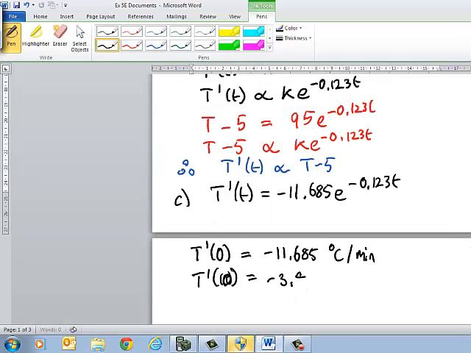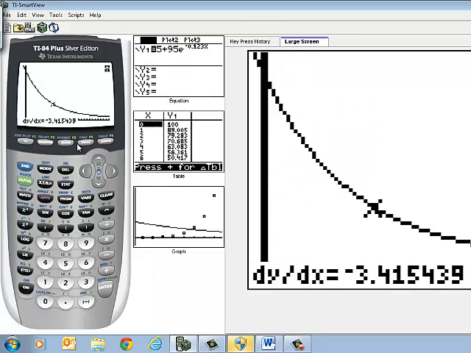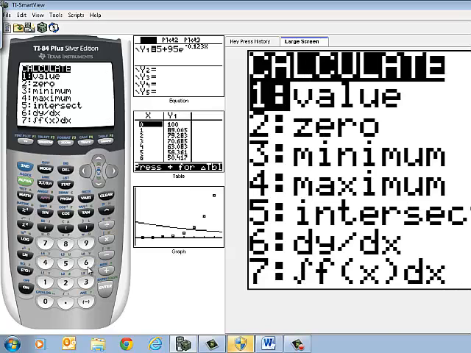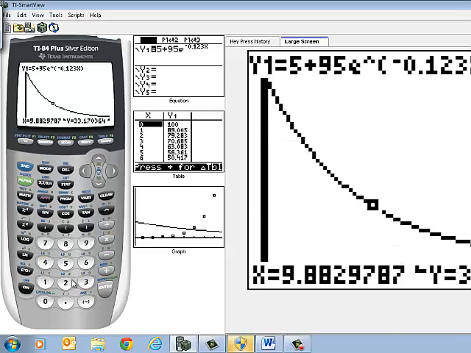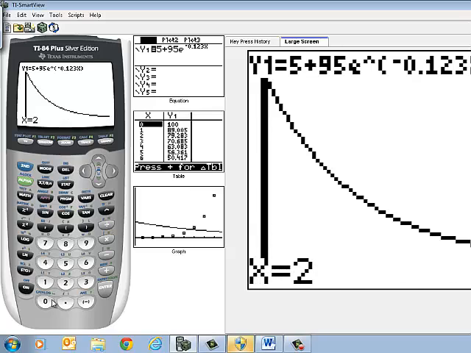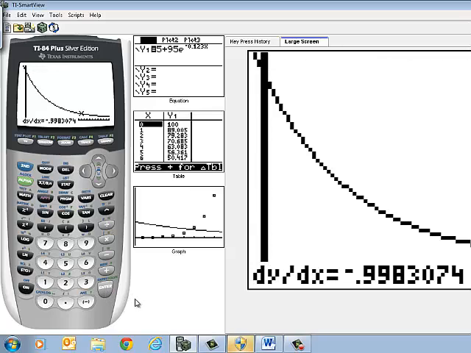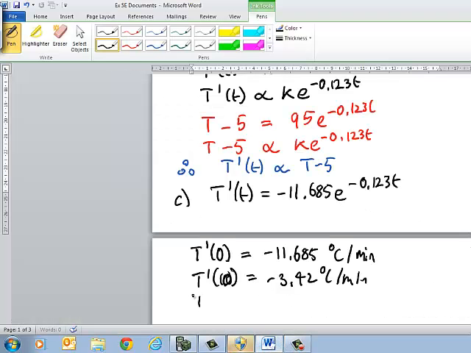Negative 3.42 degrees C per minute, and then the last one I need to do is 20. Going through there, number 6, and put in 20, and it will work that out for me. So that's negative 0.998 degrees C per minute.